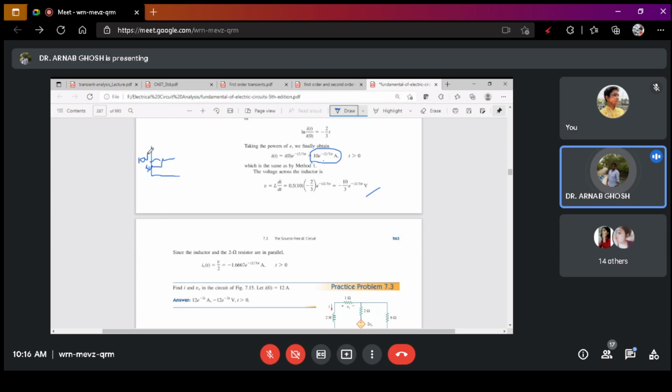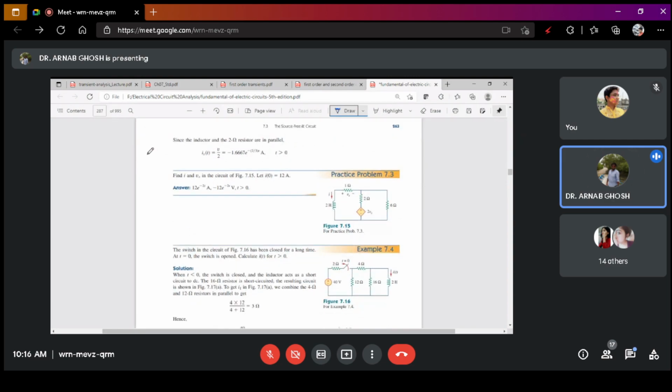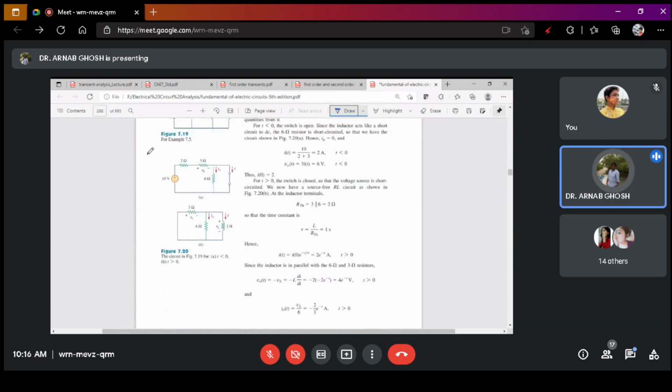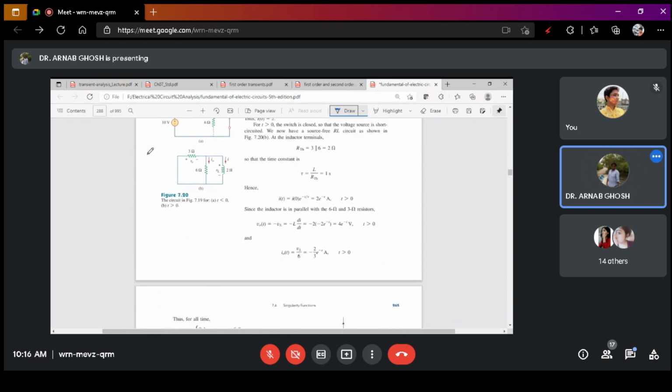So when I am talking about the forced response or the step response, this is when we are having a fixed voltage source. Now let's see what happens. You have studied what happens in case you do not have any source, that is a source free circuit.